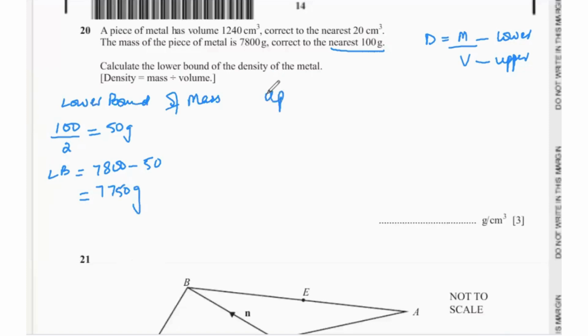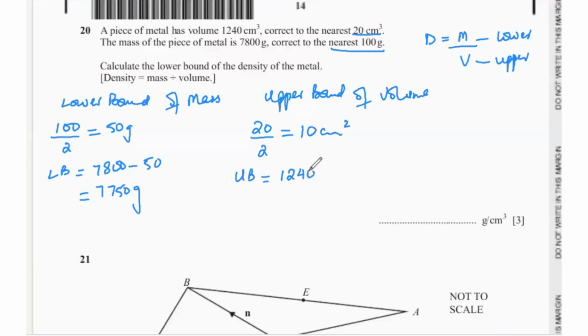Now for the upper bound of volume, the degree of accuracy is 20 centimeter cube. So we do 20 divided by 2, which is 10. So upper bound would be 1240 plus 10, which is 1250 centimeter cube.